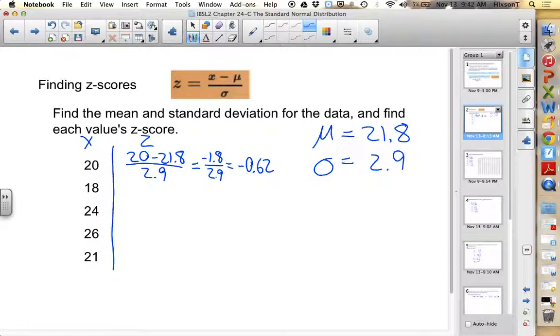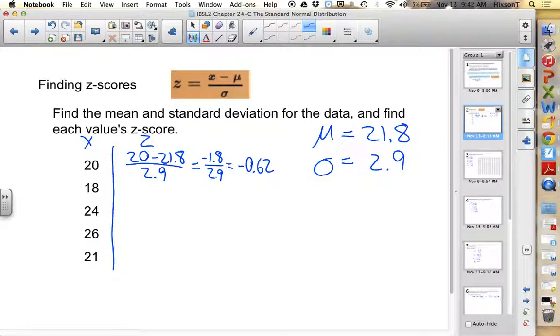Someone tell me why it's negative. It's on the negative end of the mean. Yeah, okay. Our mean originally was 21.8, right? So if we're shifting our mean down to 0 and our score is below the mean, then our z is going to end up below 0, right? So the sign is going to be important to pay attention to on these z-scores. Okay?